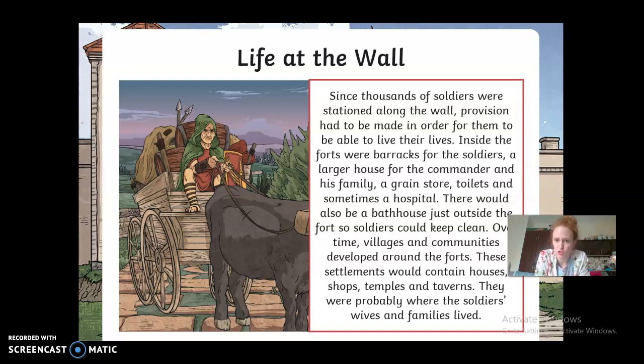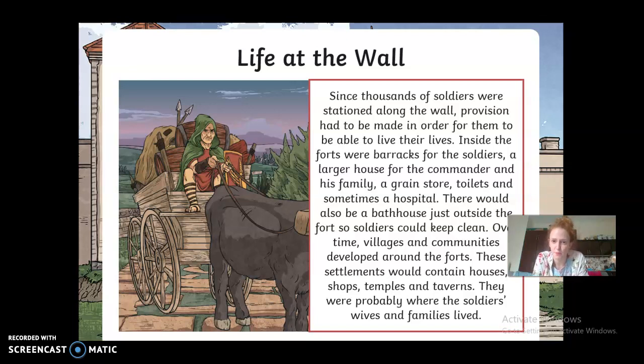Since thousands of soldiers were stationed along the wall, basically the Roman emperor sent thousands of soldiers to guard the wall, okay? So there were many soldiers and it was buzzing with life at the wall, okay? So there were things that had to be made in order for them to be able to live their lives.